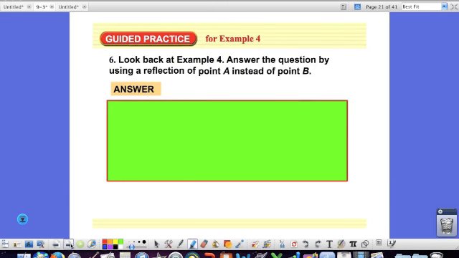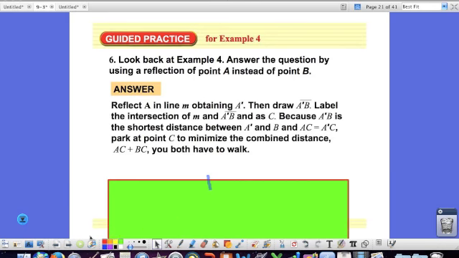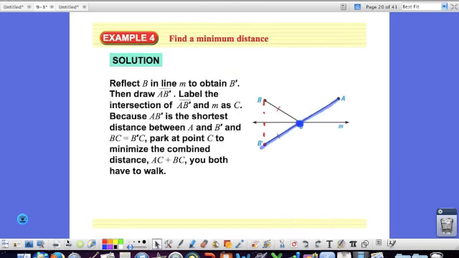In problem 6, guided practice 6, they ask you to do this same thing, reflecting over A. And I think you're going to get the same thing. So basically what you would do there is, let me clear these annotations.